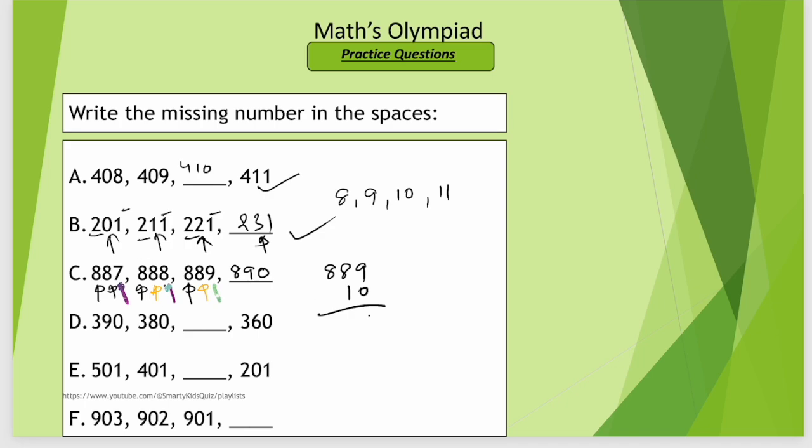Sorry, it's my mistake. It was 7, 8, 9, so it was increasing by 1, right? So after 889, we have to just increase by 1, not by 10. It's my bad. Let me just erase it and let me show you.